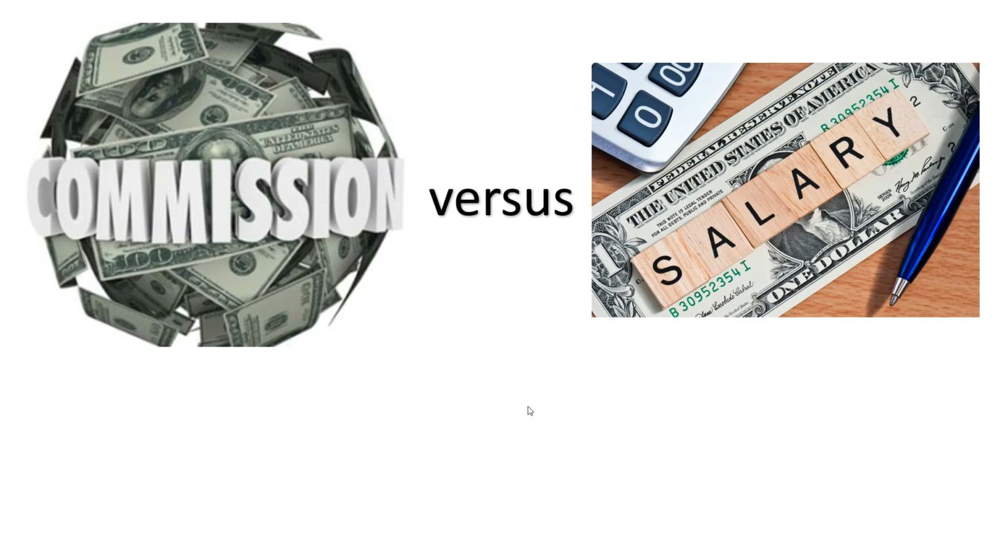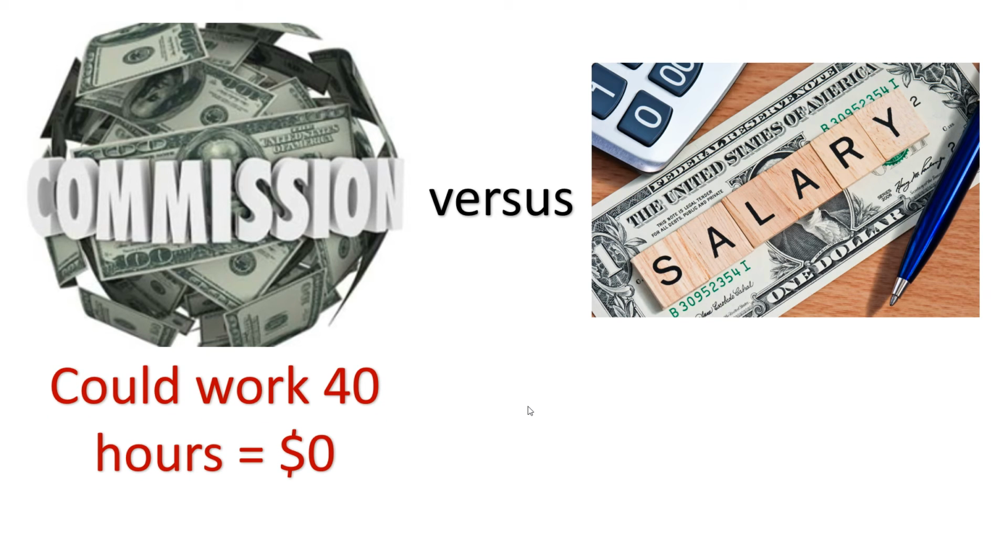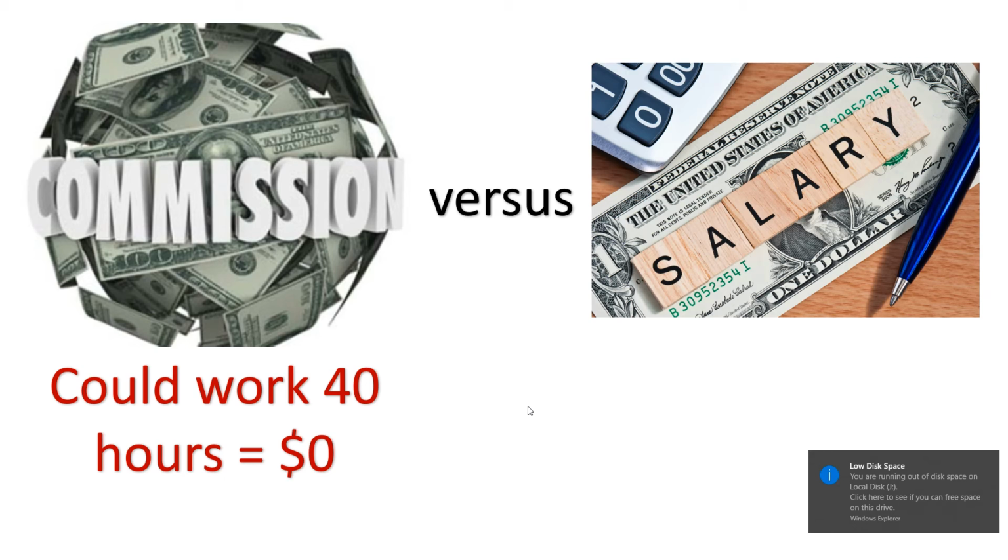So just quickly to talk about commission versus a salary. So commission is getting a percent on what you sell versus a salary is guaranteed income based on number of hours worked or total time worked. So you could work 40 hours, and if you don't sell anything for a commission, you'd make nothing.